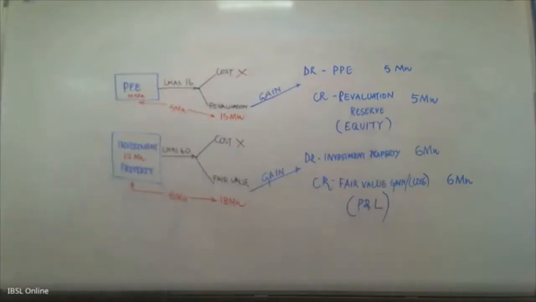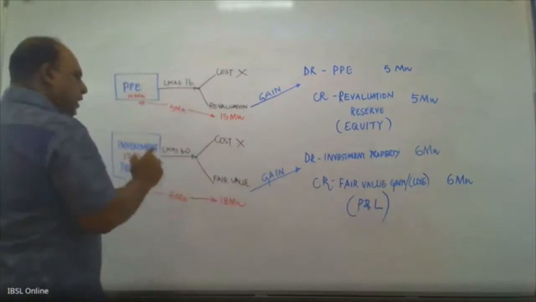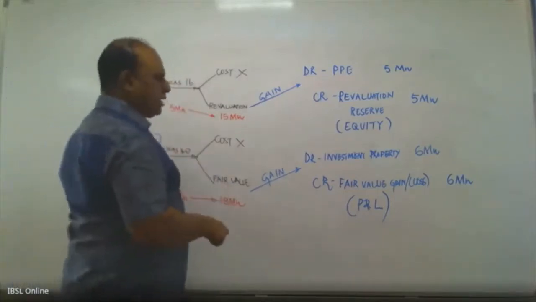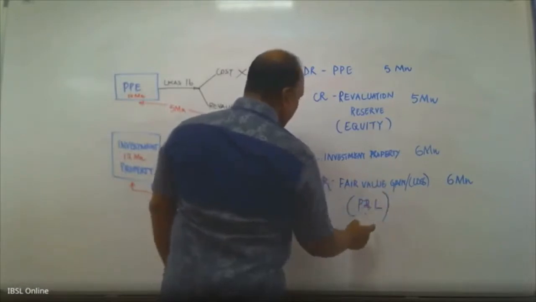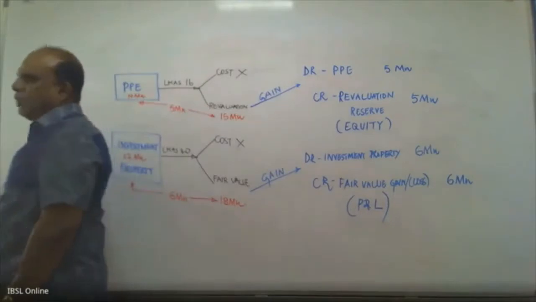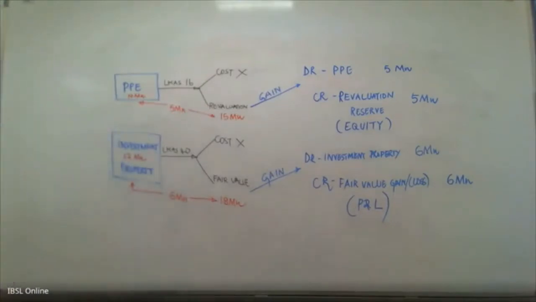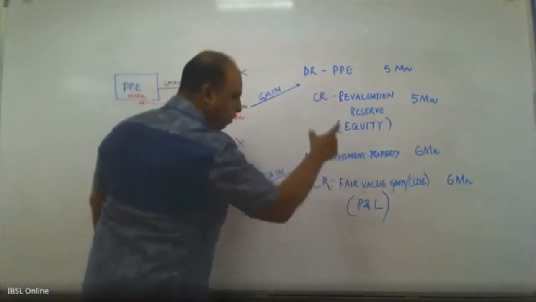But under investment property, if you are using the fair value model, then the resulting gain or loss will be recognized in the fair value gain or loss account, which is in the P&L. Please make a note, because when we are doing questions, you need to know where this will be taken in the P&L format.